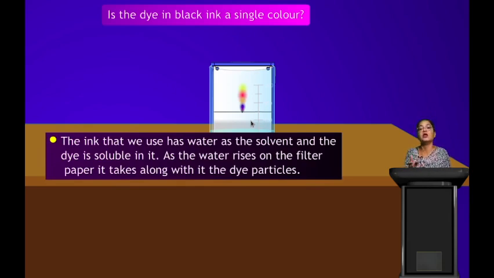As the filter paper absorbs water, the water rises. The water takes along the dye particles with it, and that's why the dye particles keep moving along the filter paper.